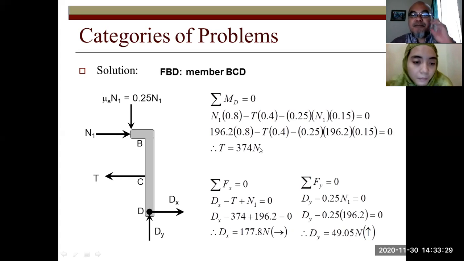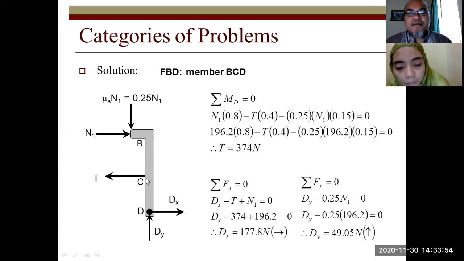This is the force that the spring exerts to hold the member BCD. Then sigma Fx equals 0, so Dx minus T plus N1 equals 0. T is already known, N1 is already known from the previous calculation. We obtain Dx equal to 177.8 Newton to the right.